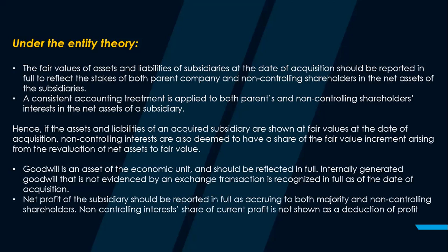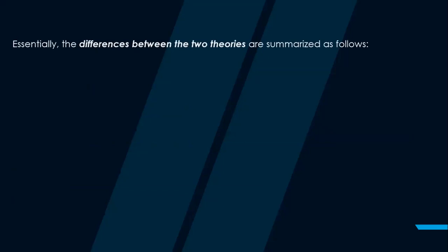So, net profit of subsidiary should be reported in full as accruing to both majority and non-controlling shareholders. Non-controlling interest share of current profit is not shown as a deduction of profit.